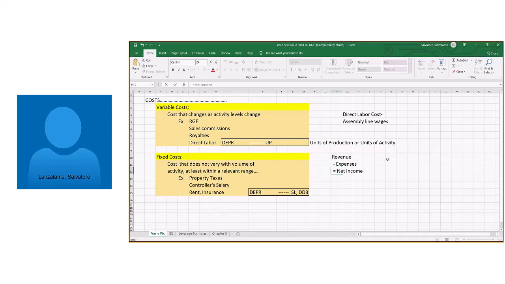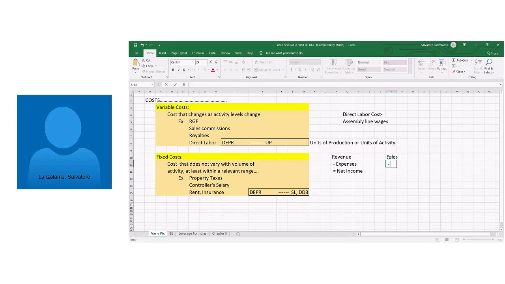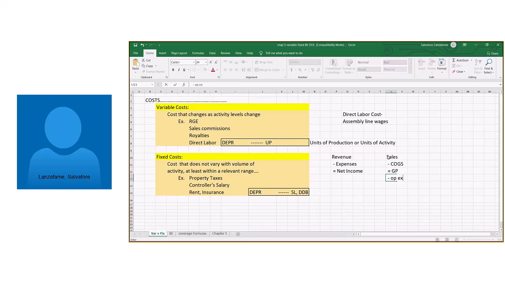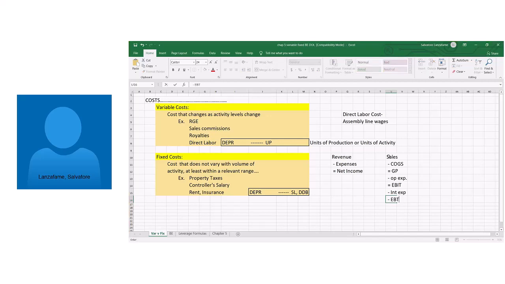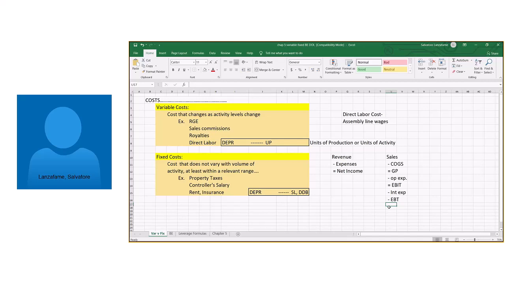It could get a little bit more exciting by going sales minus cost of goods sold equals gross profit minus your operating expenses. That gives you basically your operating income, or your earnings before interest and taxes. Then subtract out your interest expense, gives you your earnings before taxes. I think we need an equal sign there, not a minus sign.